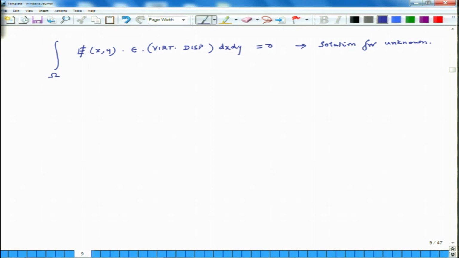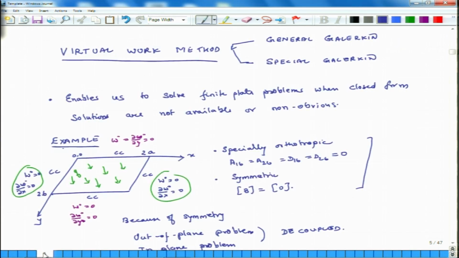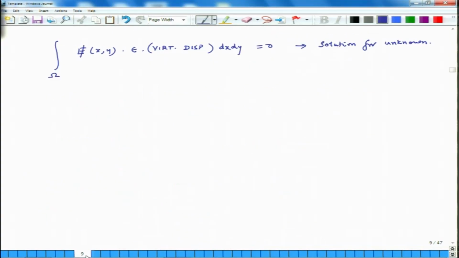Now, I had said that we will discuss two types or two versions of this virtual work method. One is the general Galerkin method and the other one is special Galerkin method.